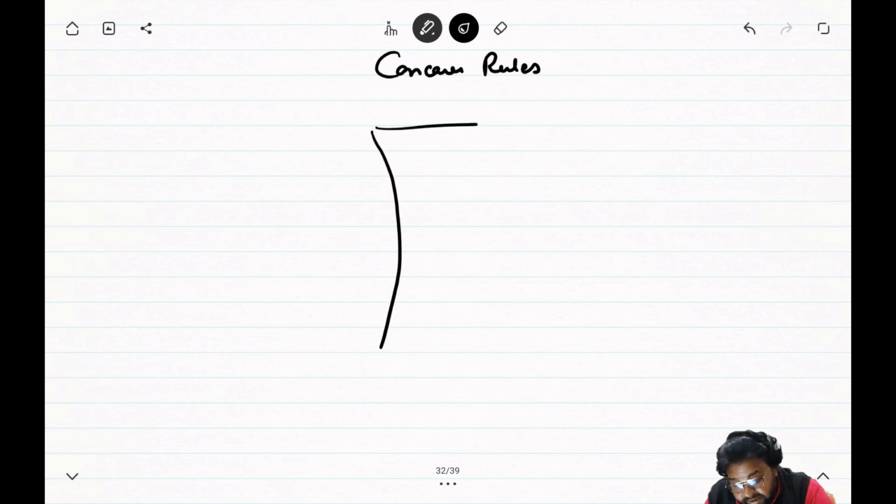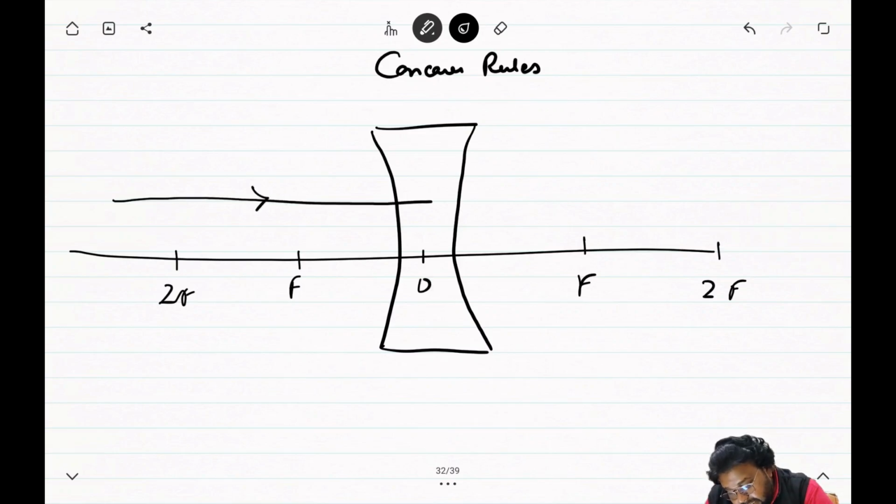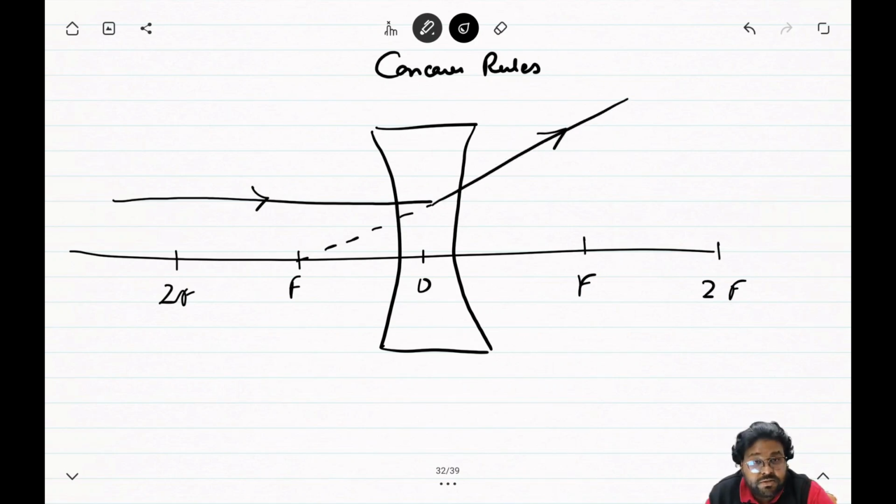Talking about the concave lens, F to F, F to F. Light coming parallel to the principal axis will be diverging from the focus, and that's why this is also known as a diverging lens, and the convex lens is a converging lens.